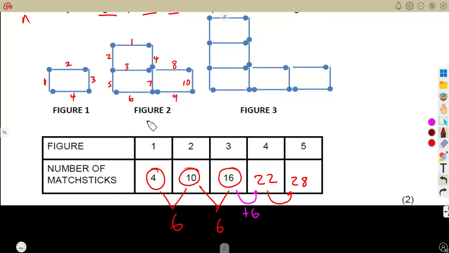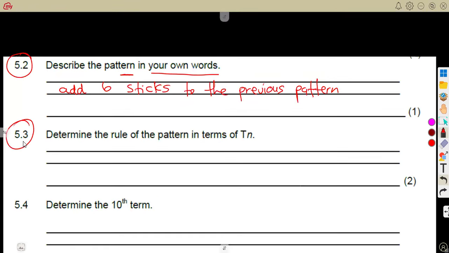All right. So let's consider another part. Determine the rule of the pattern in terms of Tn. All right, it's supposed to be in terms of n, but we are supposed to write Tn is, but okay, no problem, guys. That is how you're given. So how do you find this?